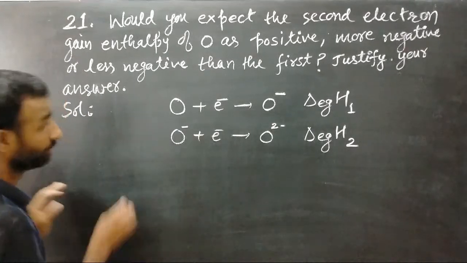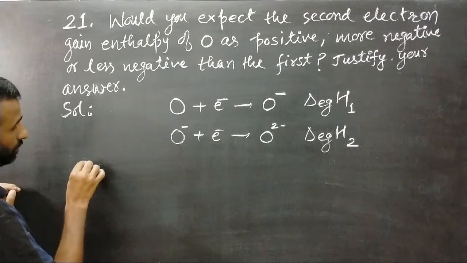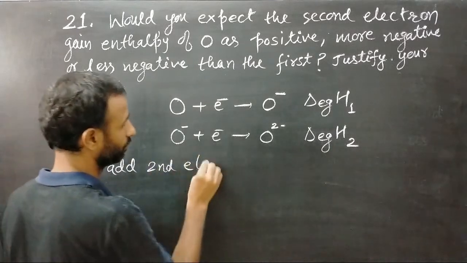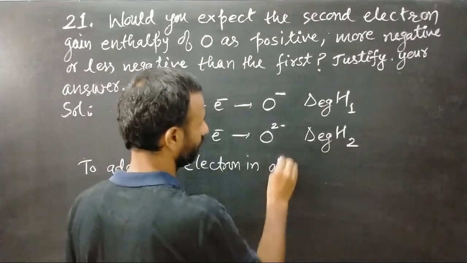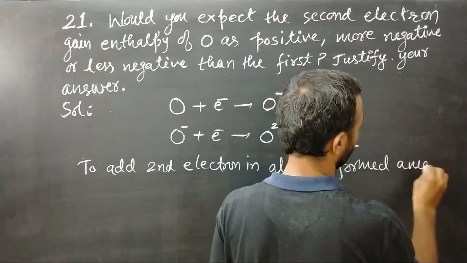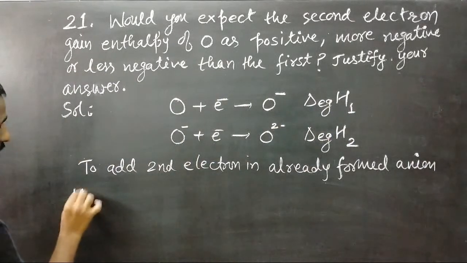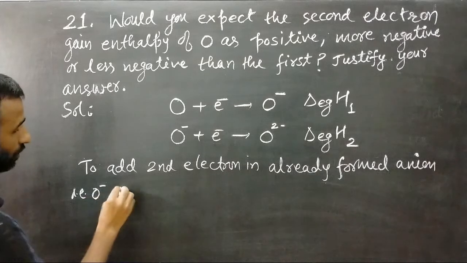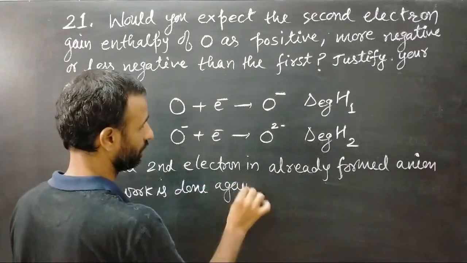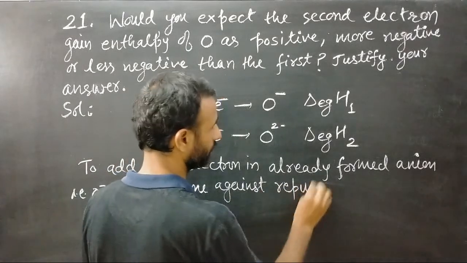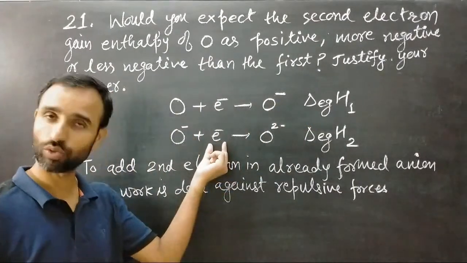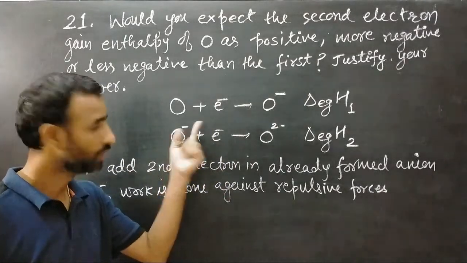So I will write it. To add a second electron in an already formed anion, that is O negative, work is done against repulsive forces, because the electron is negatively charged and oxygen is also negatively charged, so they repel each other.